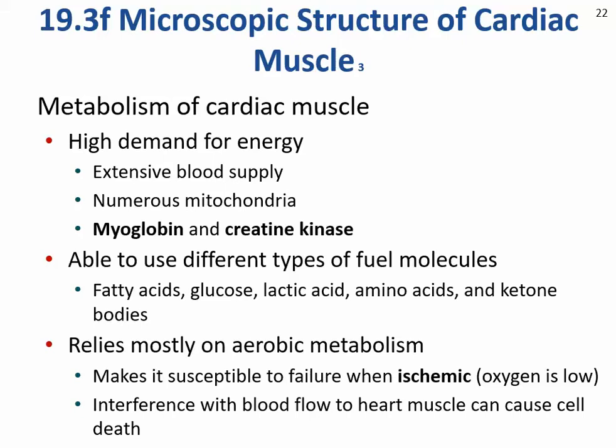So they're similar, but there's way more mitochondria. They're branched. They join onto each other in this space called the intercalated discs. And the intercalated discs have desmosomes to hold the cells together and gap junctions so that the cytoplasm of the one cell can mix with the cytoplasm of the other. We'll talk about that a little bit later.